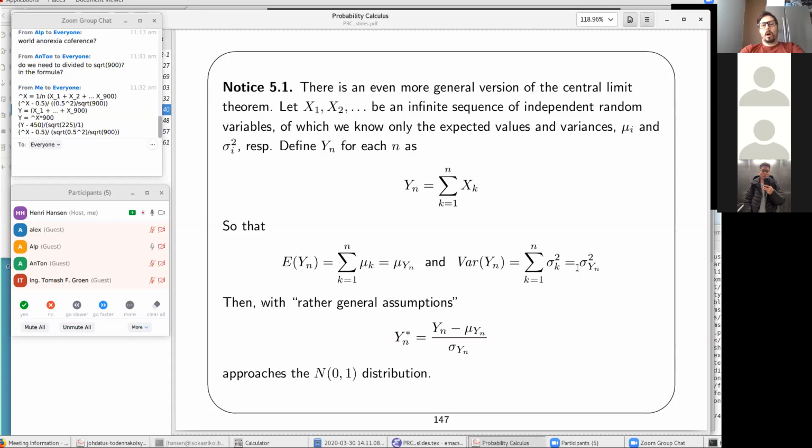when we mark this y star n, which is yn minus the expected value of yn, so we normalize this, then this normalized variable also approaches the N(0,1) distribution. To be perfectly clear, what do we mean by approaching the distribution?